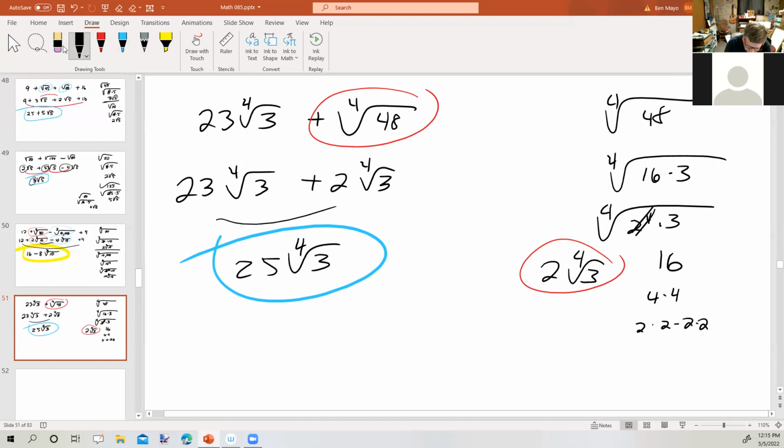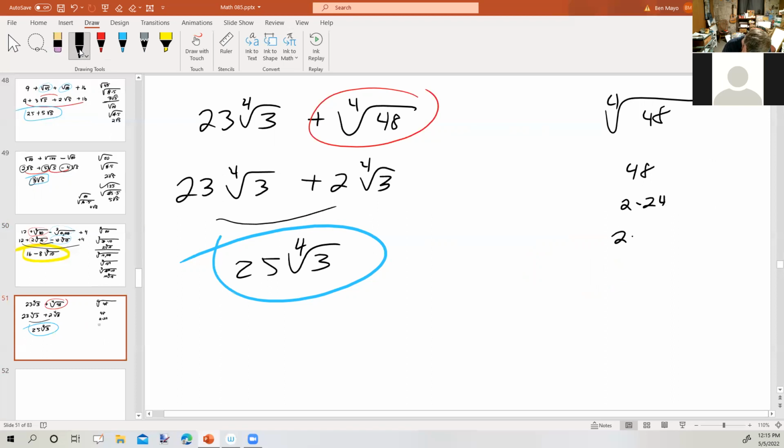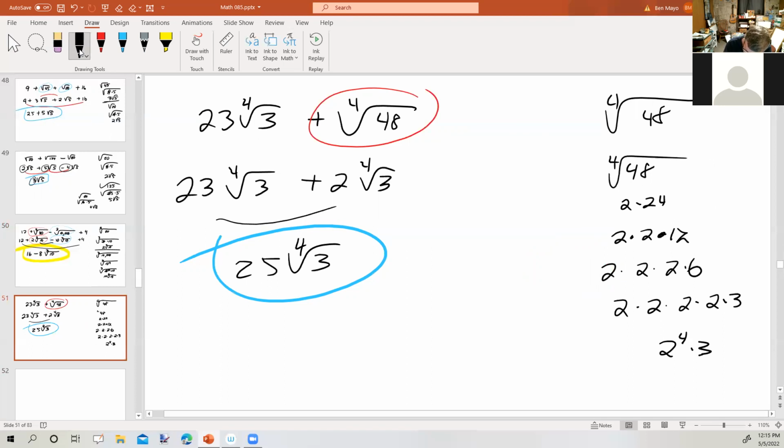Let's go back for a minute and look at this. I knew that 16 was 2 to the 4th power. Let's say I didn't know that. 48 is 2 times 24, 2 times 2 times 12, 2 times 2 times 2 times 6, 2 times 2 times 2 times 2 times 3, 2 to the 4th times 3. Okay, so the 4th root of 48 is the 4th root of, well, all the way down here, that.